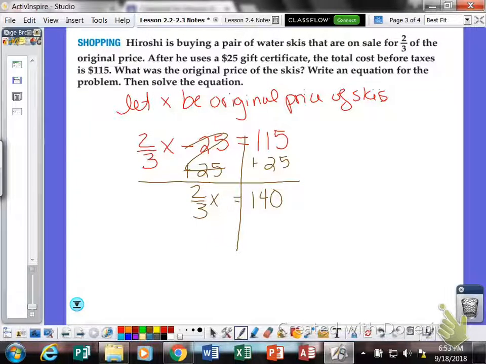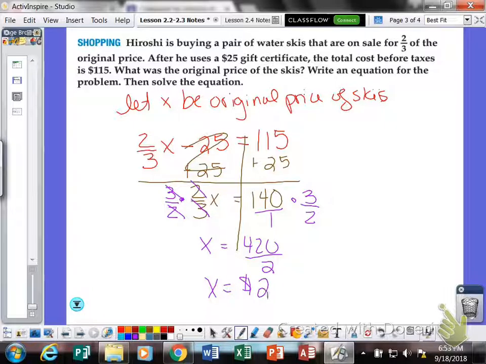I am then going to multiply by the reciprocal, 3 over 2 times 3 over 2. 3 over 3 is 1. 2 over 2 is 1 because 6 over 6 is 1. x equals, now multiply 140 times 3, and I get 420 over 2. Divide 420 by 2 and I get $210 for my answer. And then you could go back through and check that again and it would work. All right, last one.